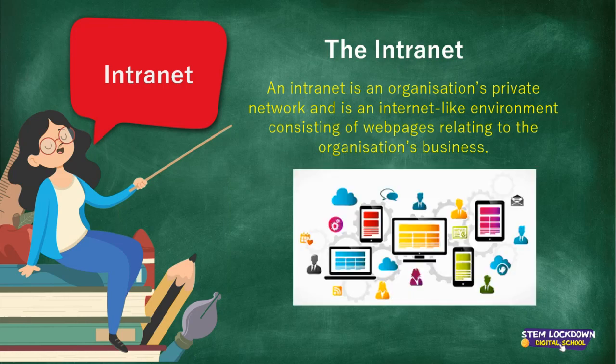What are we talking about here? This is a situation whereby a company has some sort of internet-like network. It works like the internet. It has got websites and web pages, but it can only be accessed by people from the organization or by people that have been given the authority, right?